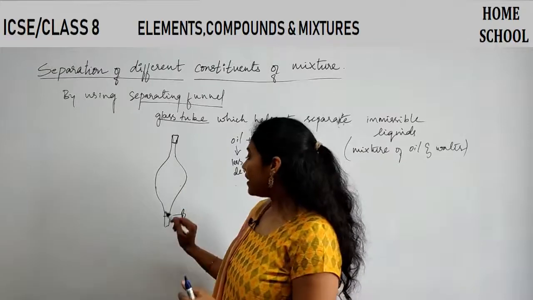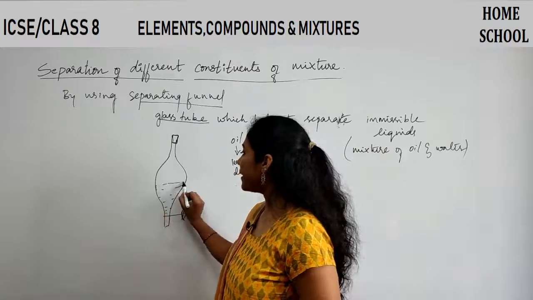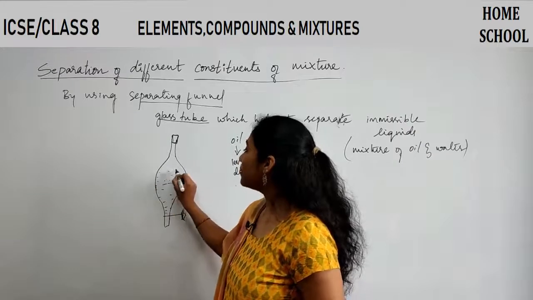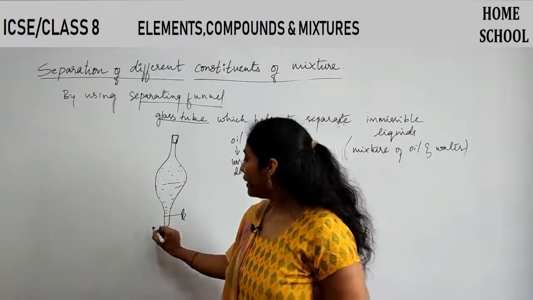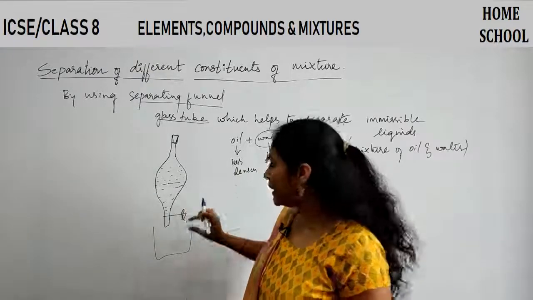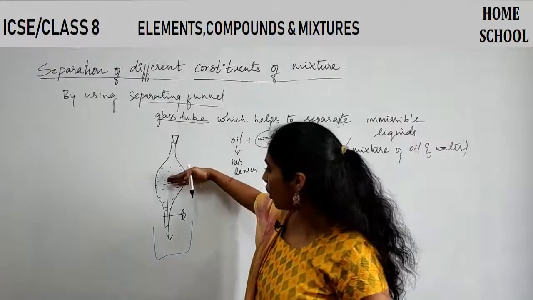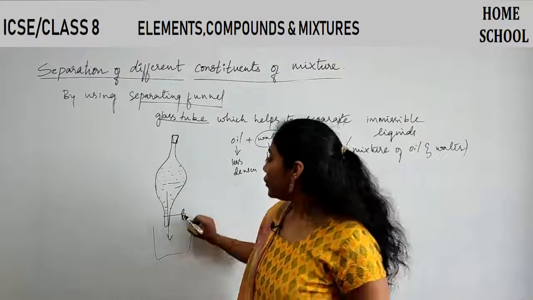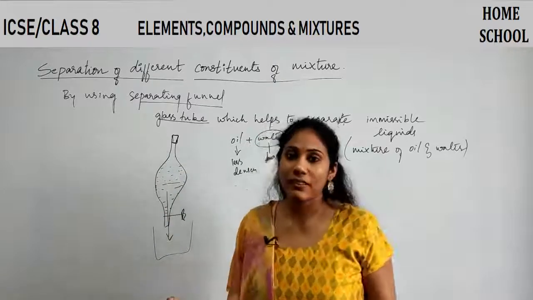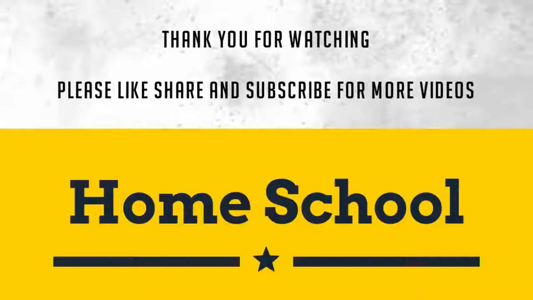The liquid which is heavier, more dense, will settle at the bottom, and the liquid which is less dense will remain on top. So here you will keep a beaker. The moment you open the tap, all the water will come out into the beaker. Once all the water has come out into the beaker, you can tighten the tap so that the oil will remain in the glass tube only. So this is how we are going to separate oil from water.